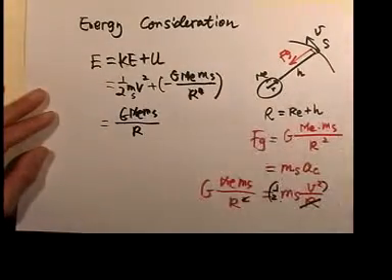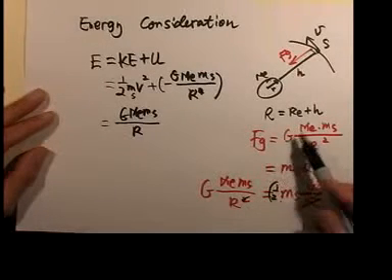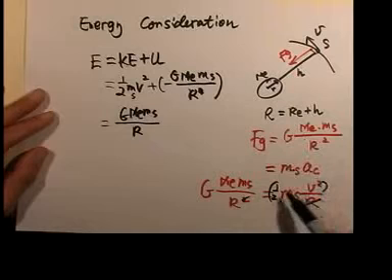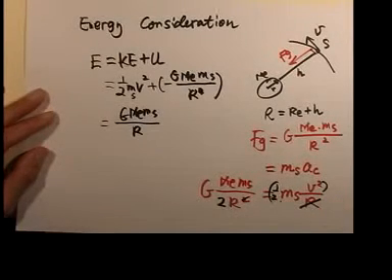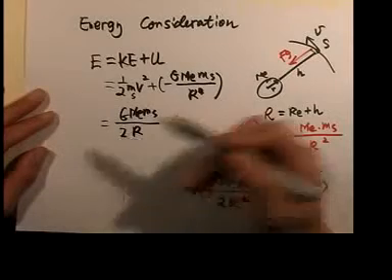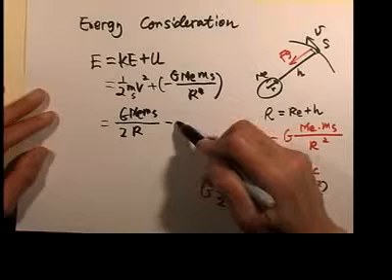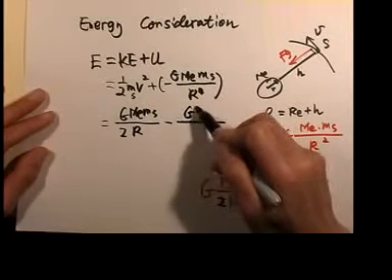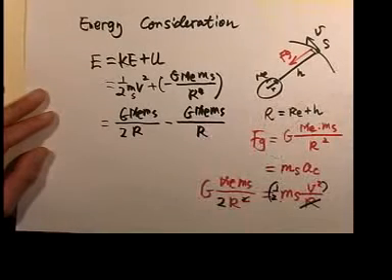And on the other hand, because initially we have this equal to that, this 1/2 we multiply on the right, so we should also multiply a 1/2 on the left. So that should be like this. And then the second term is a minus G, mass of the Earth, mass of the satellite, over r.